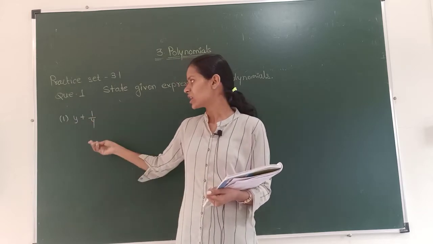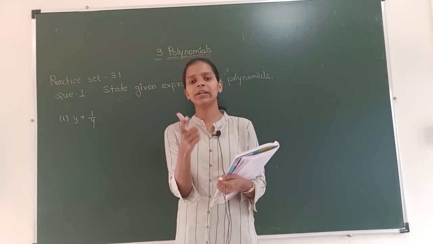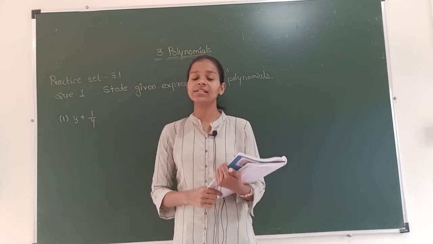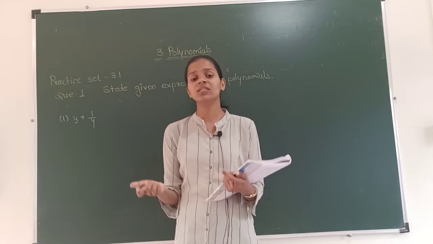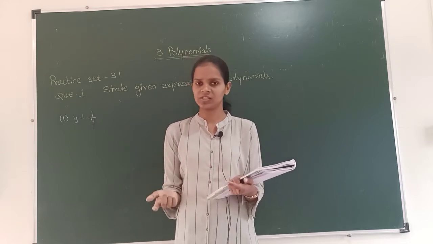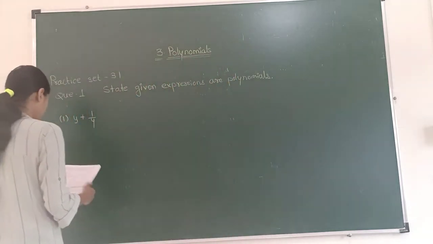Then what do we have to check? We have to check the powers. If the power is a whole number, then this algebraic expression is a polynomial. And if the power is not a whole number, then the algebraic expression is not a polynomial. As simple as that. We will solve this.